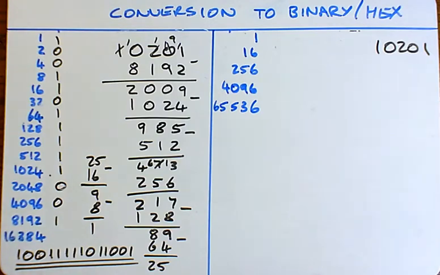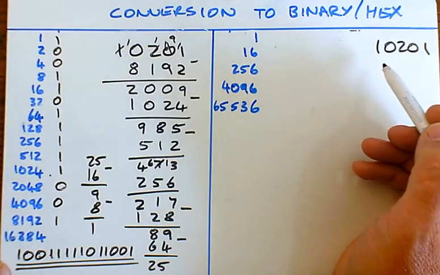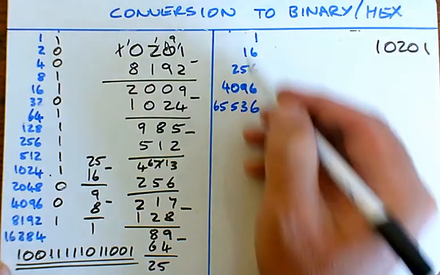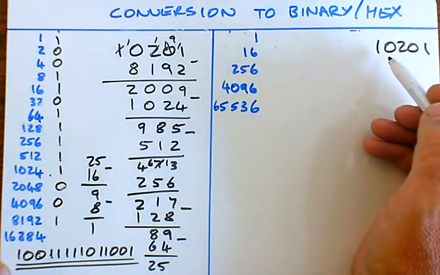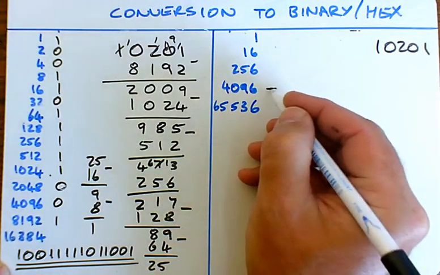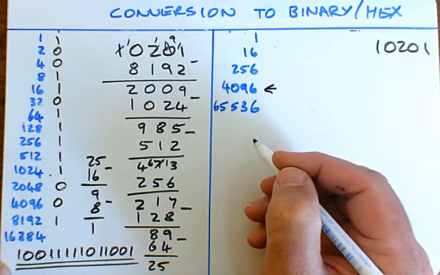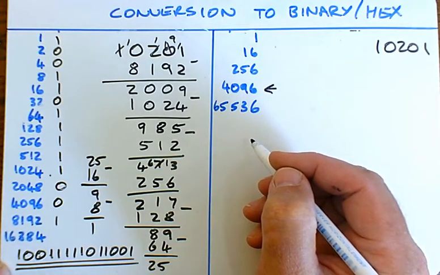Okay, now the hex one is going to take up less space, but it's going to be a little more challenging, because in this instance we were only ever subtracting 1 of something. But I'm going to start off in the same way, and I'm going to say what's the biggest of these powers that can go into here, and it's 4096.